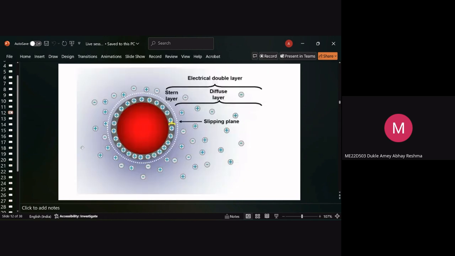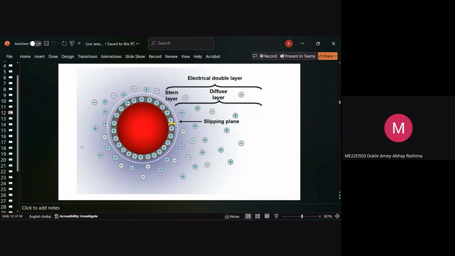The surface charges are balanced by this electrical double layer. So the zeta potential signifies the strength of the electrical double layer.